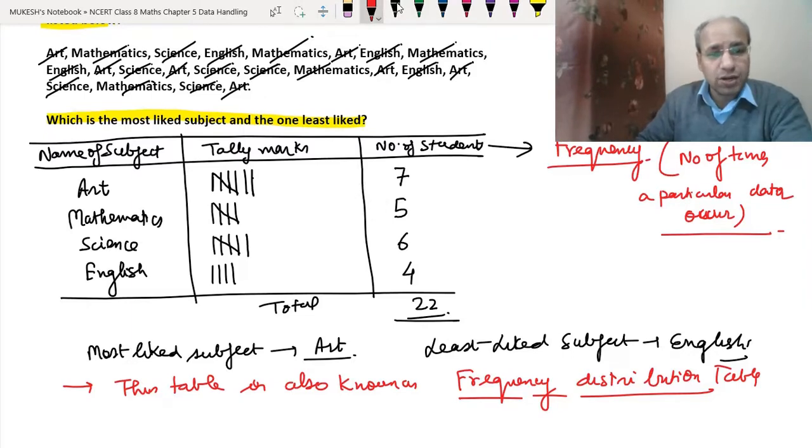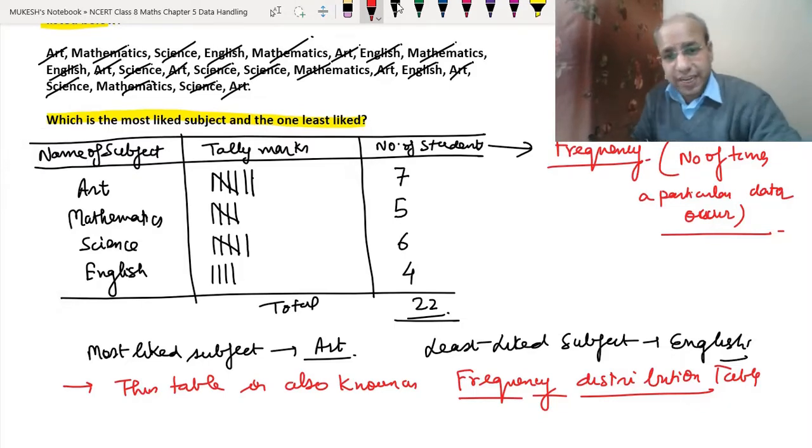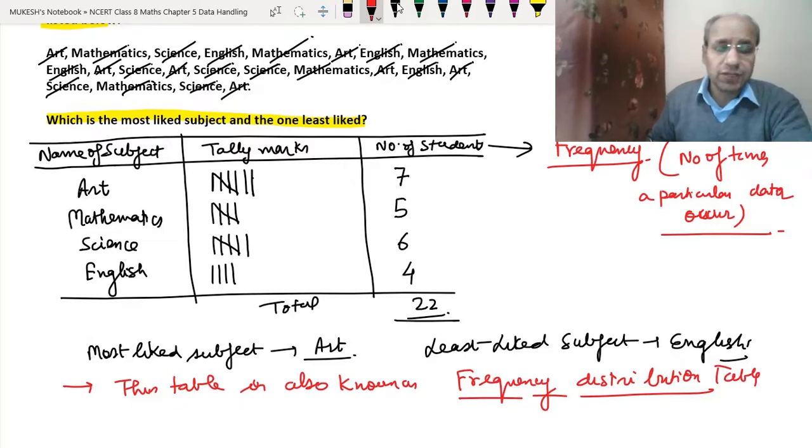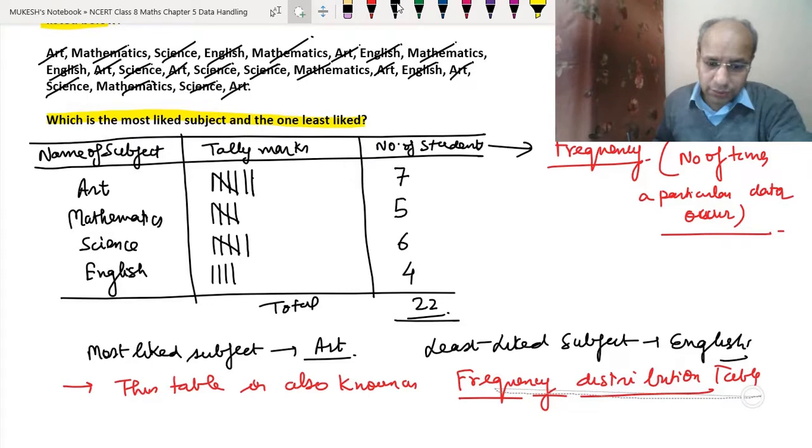So this is the organized form of data, and from this table we can directly know which subject is liked by how many students. That is how we can infer meaningful information when we organize the data. Since this is the frequency of each subject, we also call it the frequency distribution table. I hope this is clear to you.